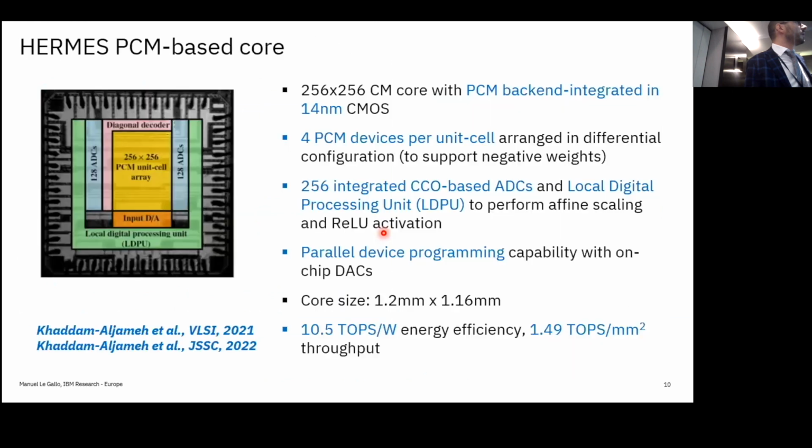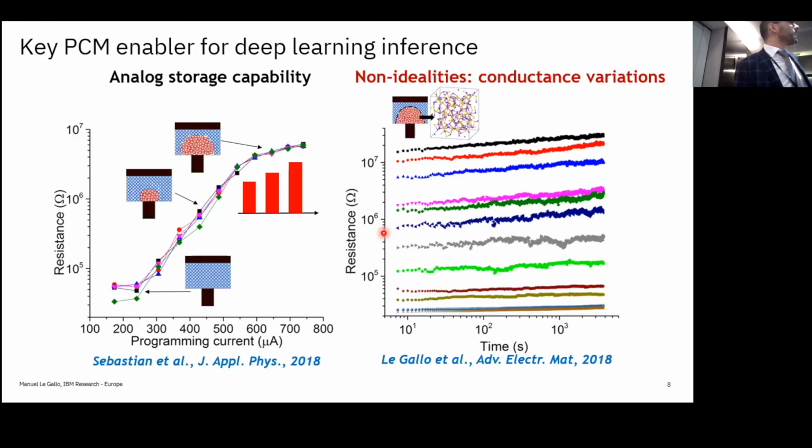We can compensate for the average increase by just applying a constant scaling factor that would have to be recalibrated every X minutes or hours, or every day, let's say. So we just recompute the scaling factor every day by measuring a subset of devices in the crossbar, and then we have an average compensation.